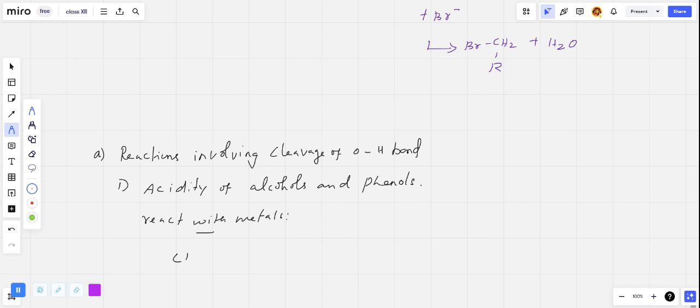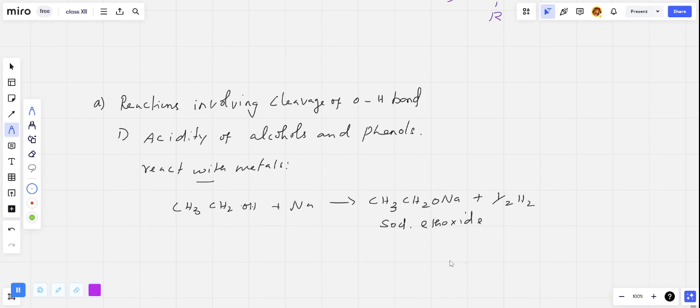For example, if you take the alcohol CH3CH2OH, ethanol, when it is treated with sodium, you will get sodium ethoxide, CH3CH2ONa, with the liberation of hydrogen.